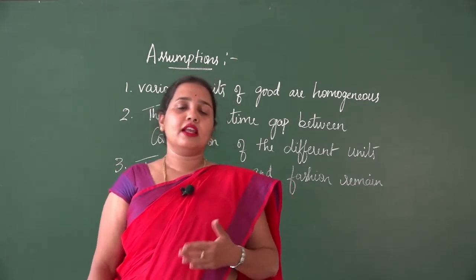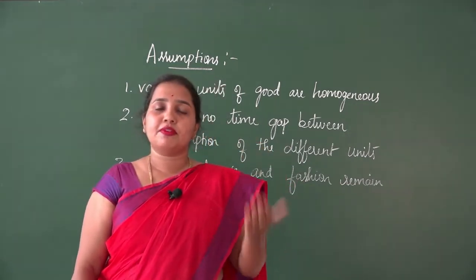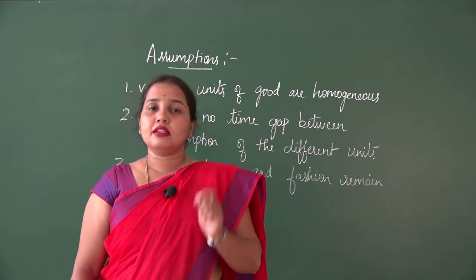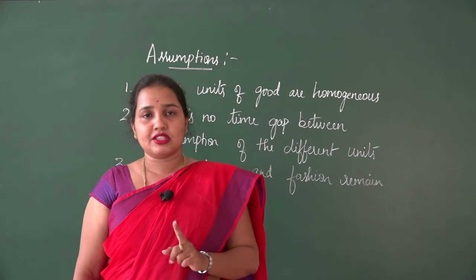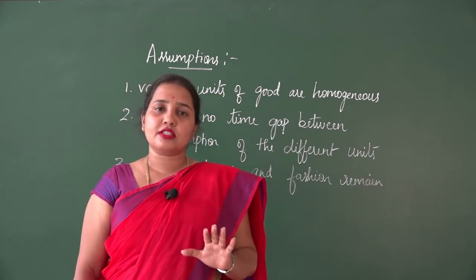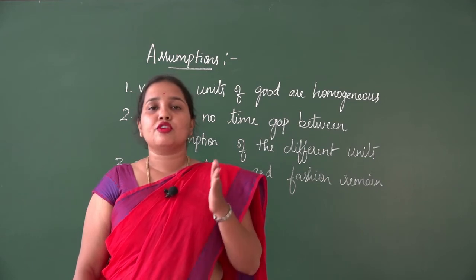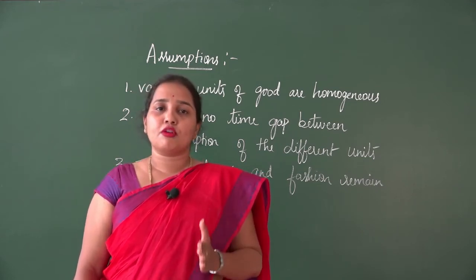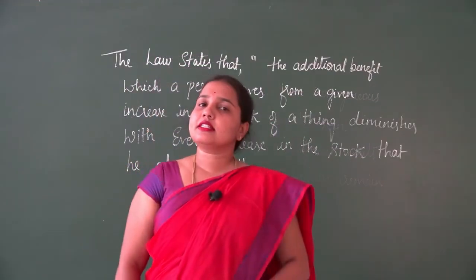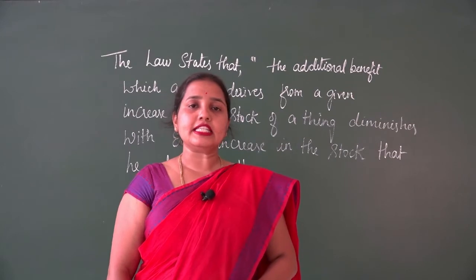As you know very well, the prices of goods and services change from one time to another, but here the assumption is that there is no price change. So, these are the four important assumptions based on which the law of diminishing marginal utility is formulated.